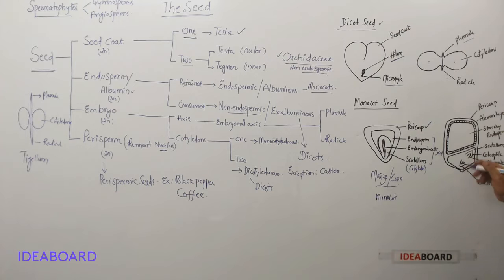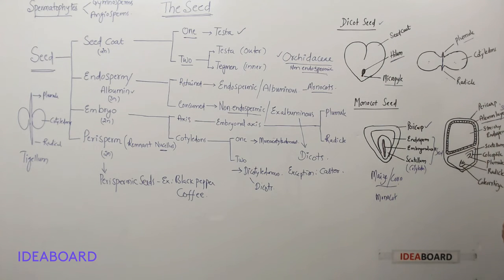And here you can see the pericarp once again, and this is the endosperm actually, but I am showing with some lines here. This is protein layer, and this protein layer is called aleurone layer. And remember that aleurone layer is an endospermic layer, but only thing is that it stores proteins.